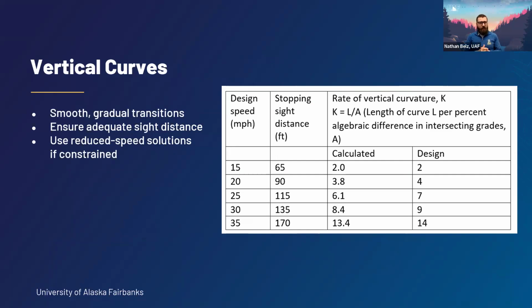If there are constrained situations, one might consider reducing the speed enough so that that sight distance is maintained. But in general, the length of crest vertical curves and the length of sag vertical curves can be computed using the standard AASHTO method.